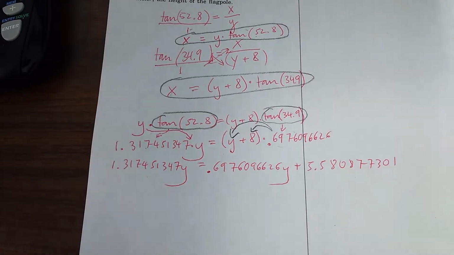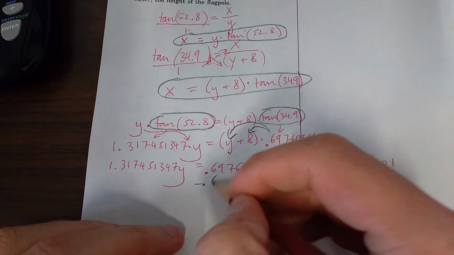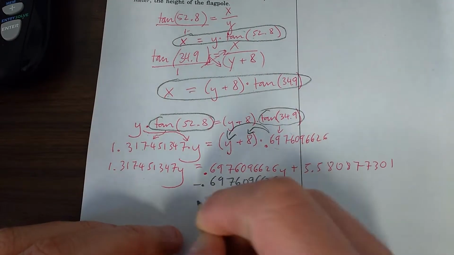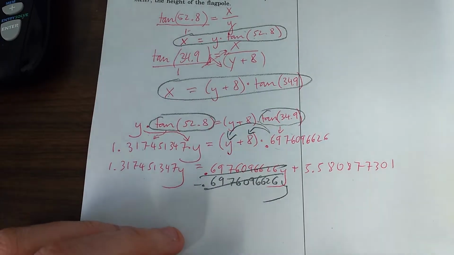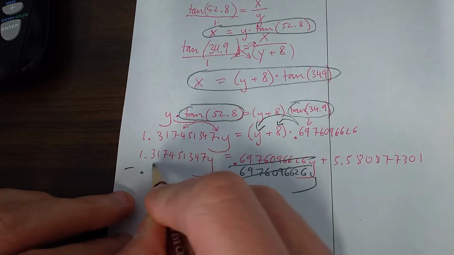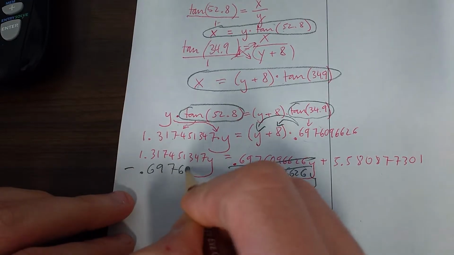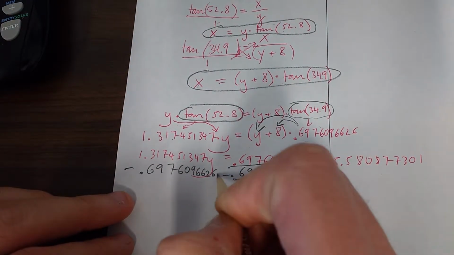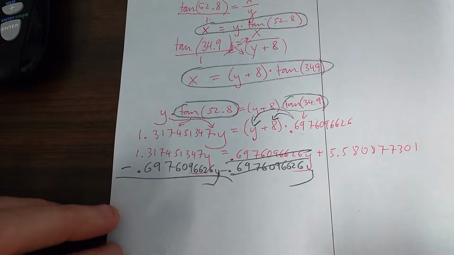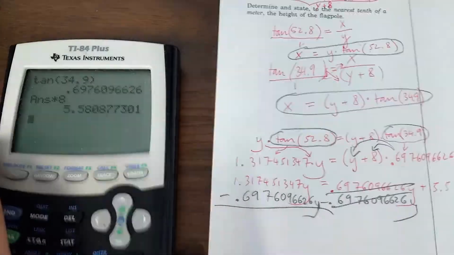So we're going to subtract. Okay, so that's going to cancel out. And if we subtracted it on the right side, we got to subtract it on the left side. Okay, so we subtract that, and let's see what we get.